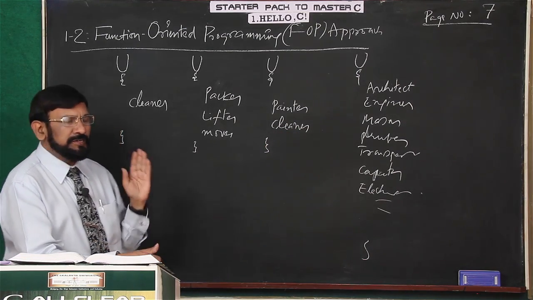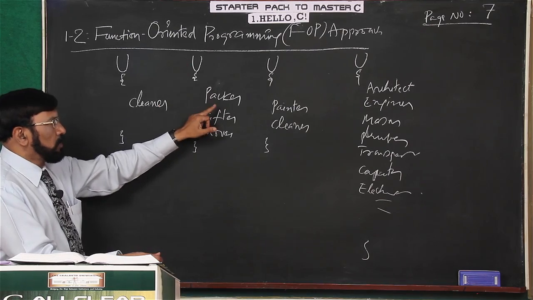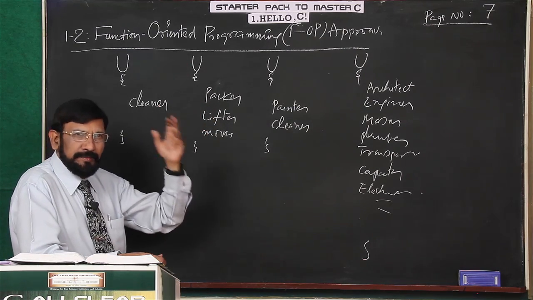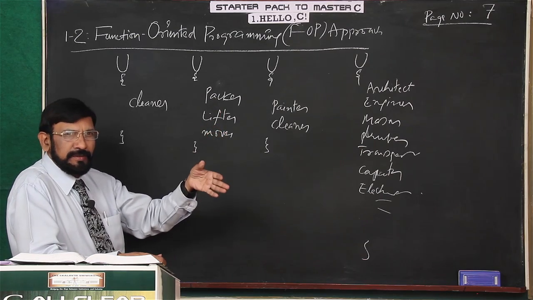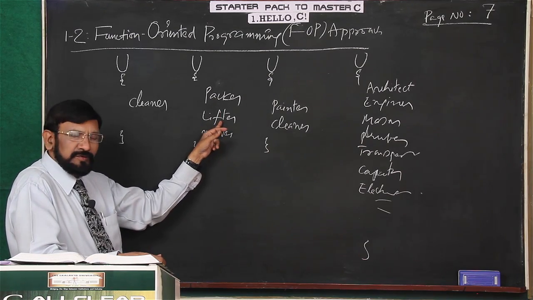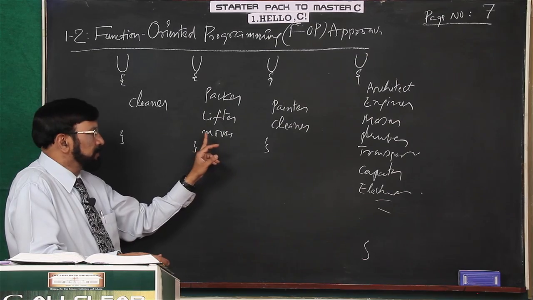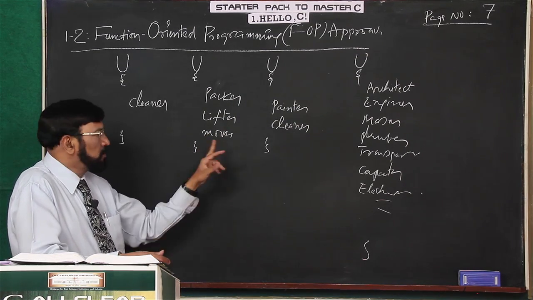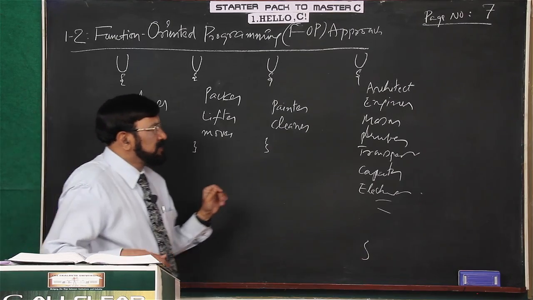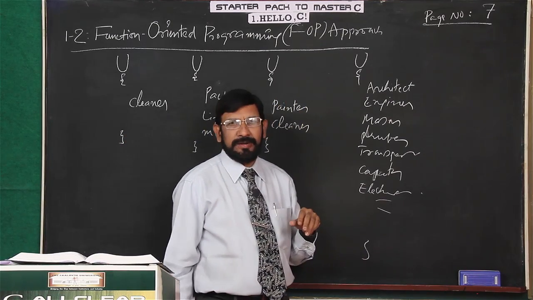Your house is to be shifted. You call a packer. He packs all the material. Thereafter, one should lift the material. For that, you appoint lifters. Thereafter, a mover, as the goods should be transported. Next, you want to get your house constructed.